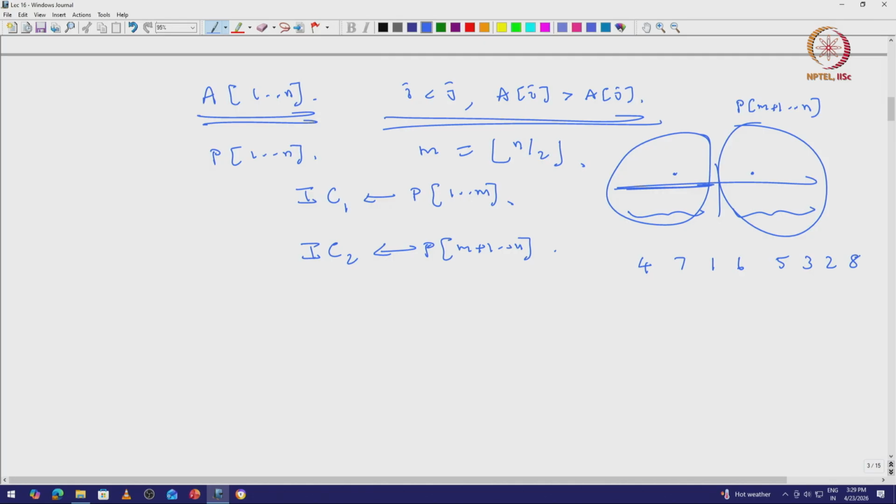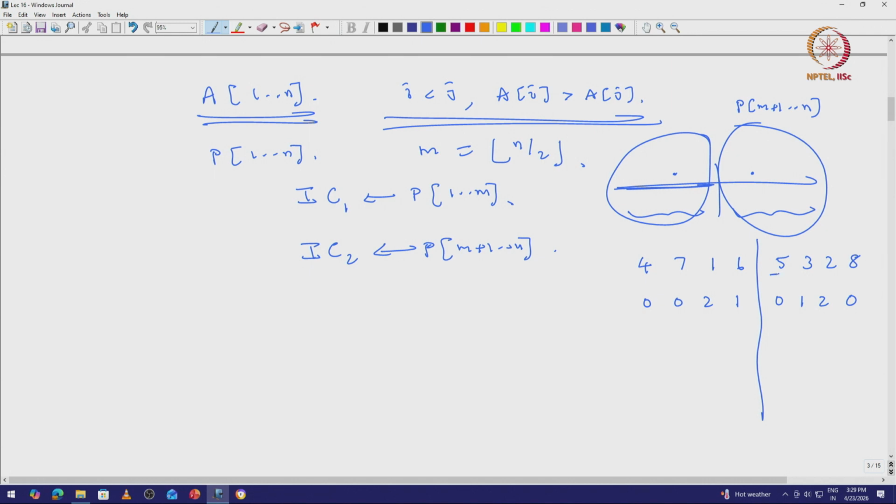Okay. I will write the inversion count 0, 0, 2, 1 for this part. For this part 0, 1, 2, 0, separately the inversion.